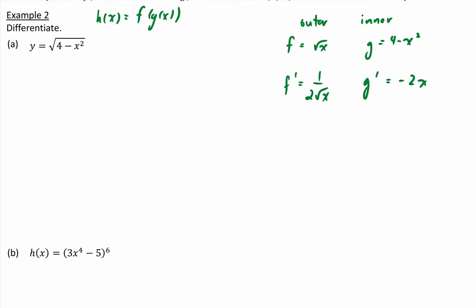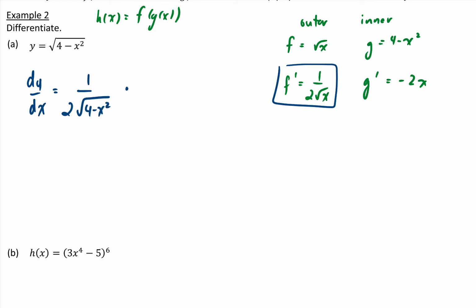Let's go through the derivative here. dy over dx is the derivative of the outer function, so that's equal to 1 over 2 root of, but remember it's the derivative of the outer function where x is equal to g of x, so this would be 4 minus x squared.